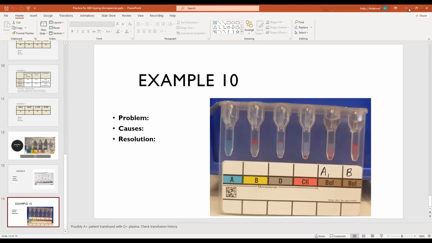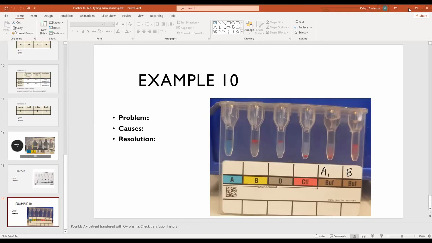And then as a side, this would be reagent A1 RBC. So when I'm showing something, I like to show you what's going on in one thing and what's going on in the other thing, so you know the difference in what's happening.